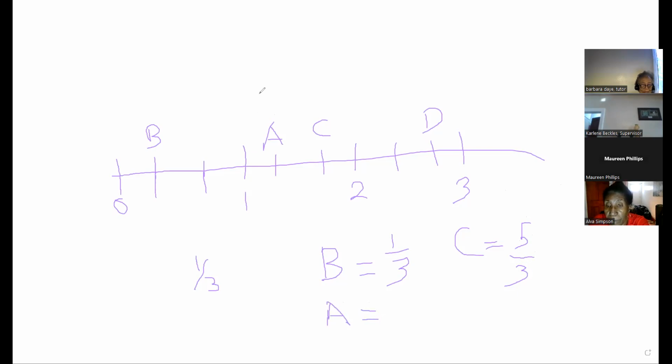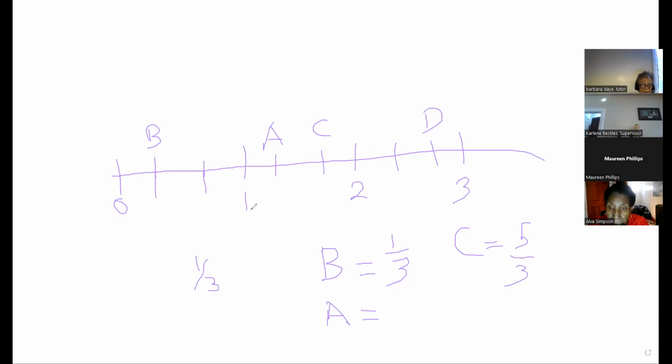All right, Alva, what's the value of A? A is right here between 1 and 2, and each hash mark represents a third.